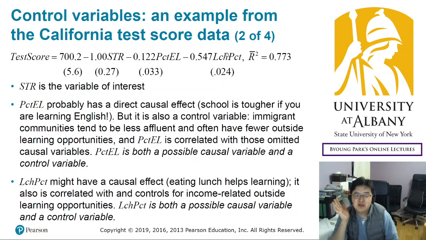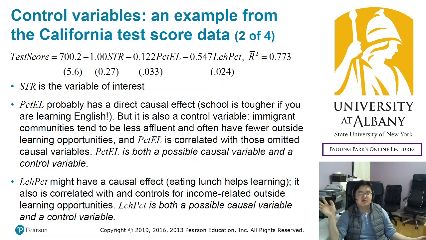But that interpretation is wrong because it does not say that. If a higher lunch percentage decreases the test score, does that mean that if you abolish the free lunch program altogether, so from tomorrow we are not going to give out any free lunch to any student, no matter what your family income is, then the test score would increase? No, never. Free lunch itself does not have a causal effect on test scores.